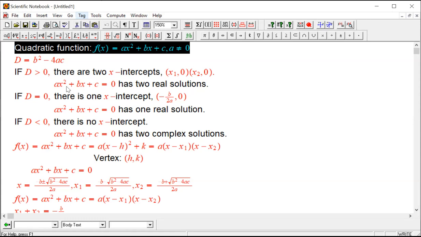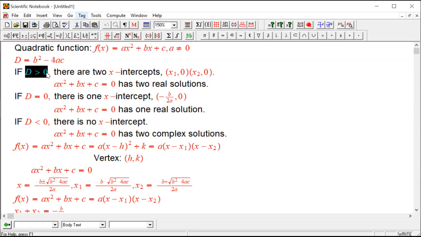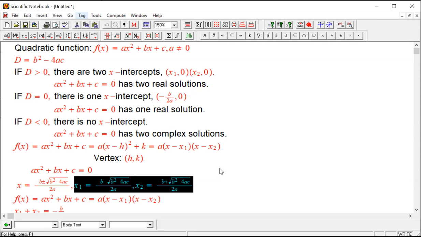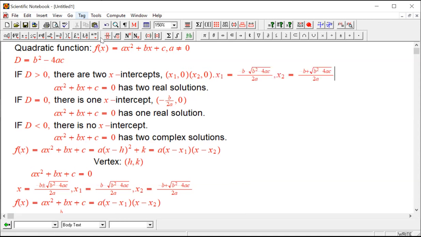In terms of the solutions, intercepts, and so on, I think we're going to summarize right here. When the discriminant is larger than 0, there are two x-intercepts and they are here, and you can find the numbers over here.